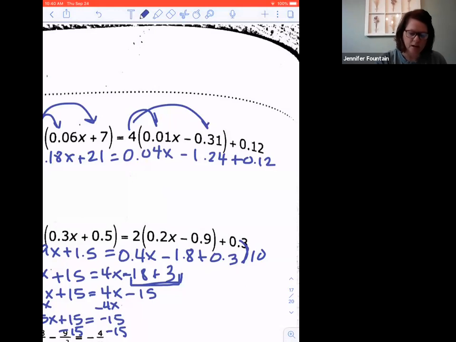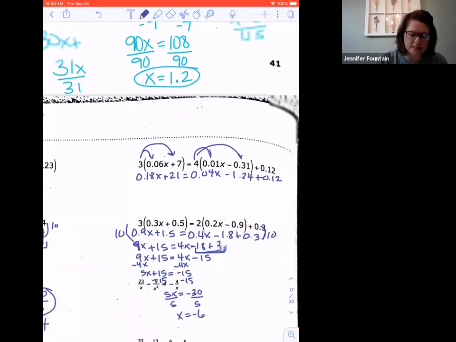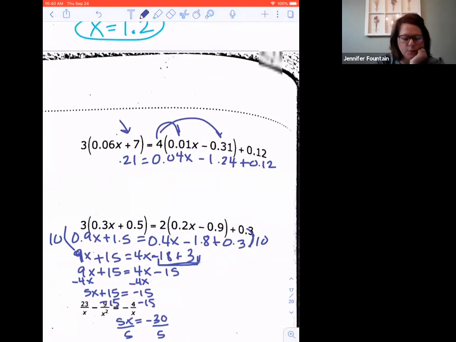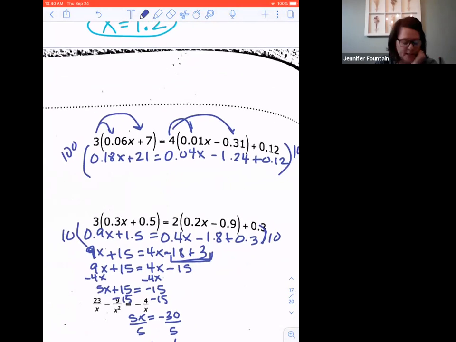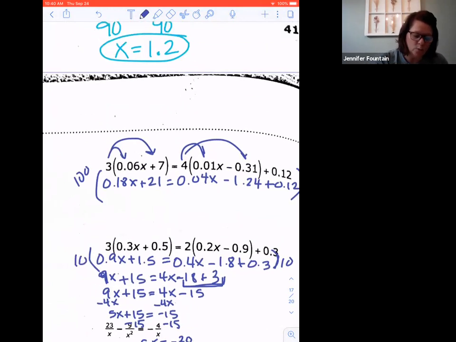Okay, now I'm looking at my decimal places, and my largest number of decimal places after the decimal is going to be 2 places, so that means I need to multiply everything by 100. Multiply everything on the right, everything on the left. So that means everything, the decimal places will move 2 places, okay? So 0.18 becomes 18x plus 21 is going to become 2100.